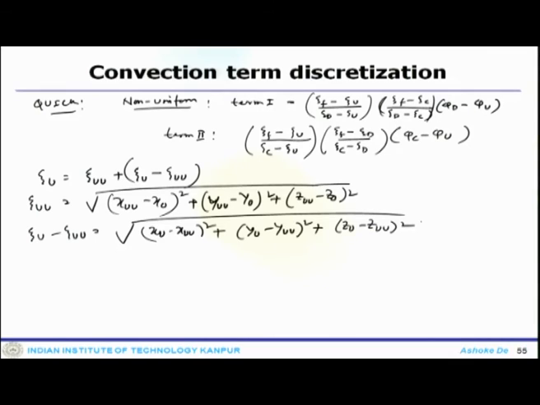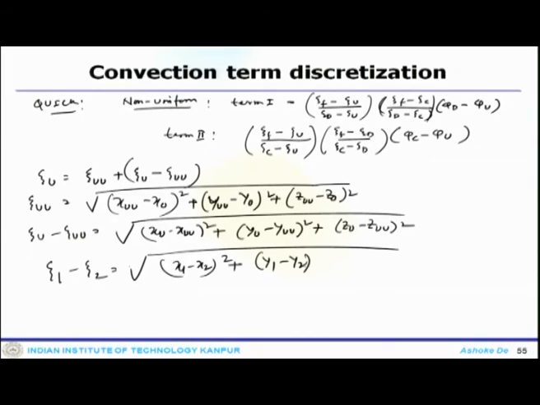Now, so if you put them together, xi 1 minus xi 2 is essentially square root of (x 1 minus x 2) square, (y 1 minus y 2) square, (z 1 minus z 2) square.